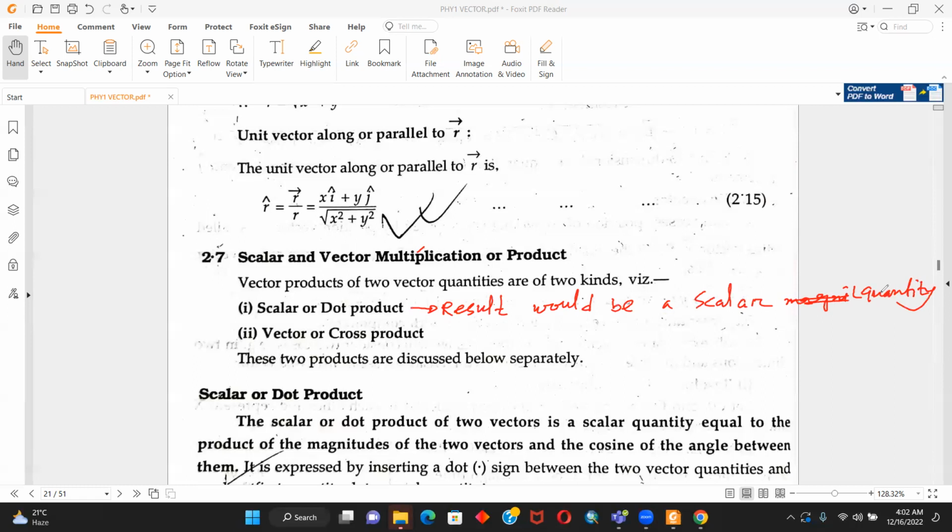What is the example of that? Example is work, because work equals F vector dot s vector, and work is a scalar quantity.